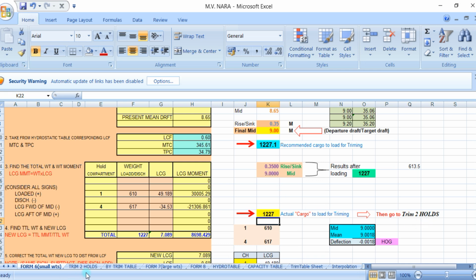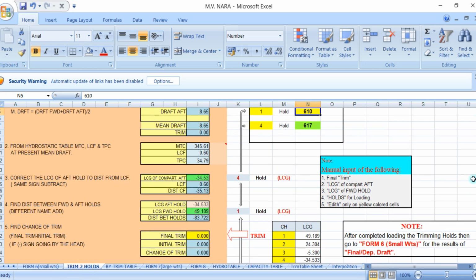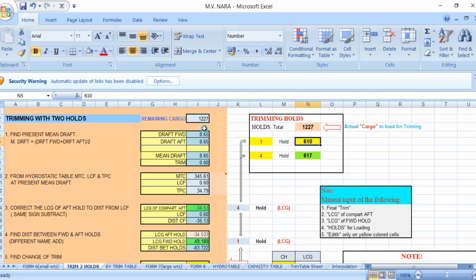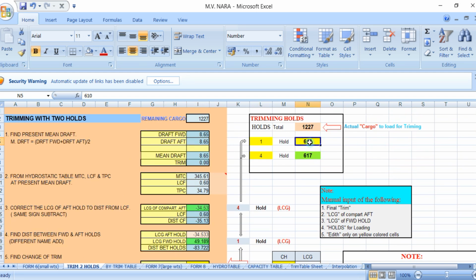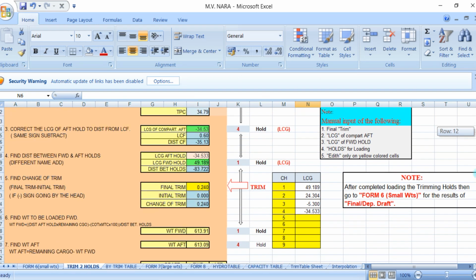Then you go to hold number 2. Your cargo will be 1227, and he says your trim will be 0.24, and he says in number 1 you load 613, and hold number 4 will be 614.